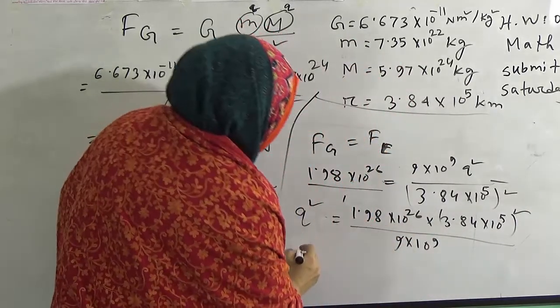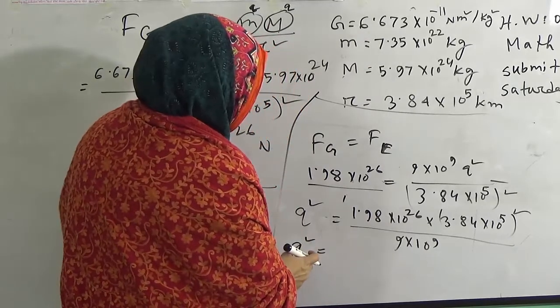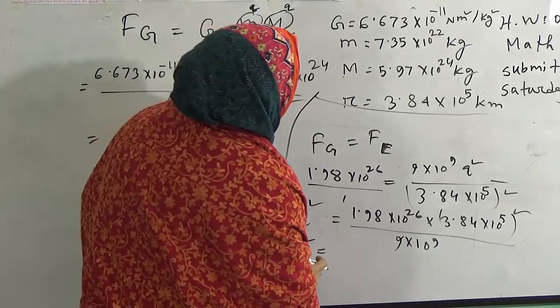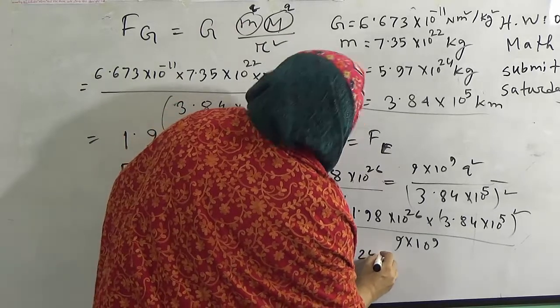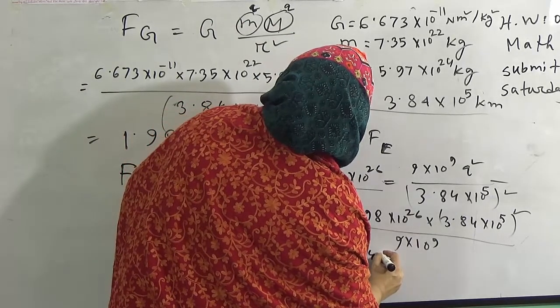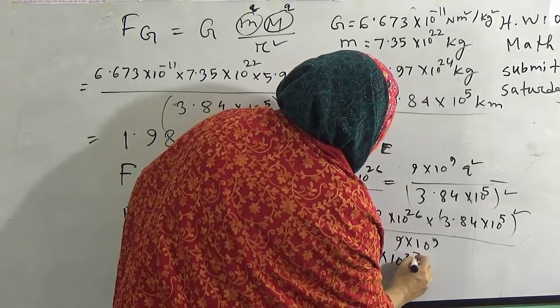By doing this calculation we can find that q square equals 3.24 into 10 to the power 27.